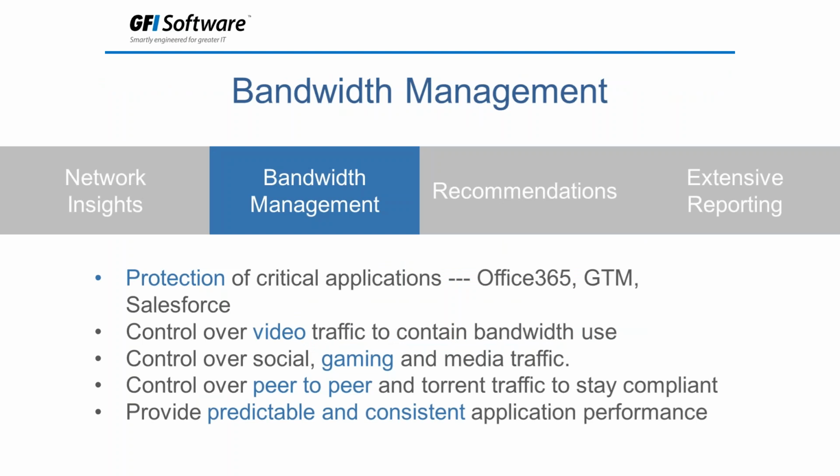So how this really all translates is proper bandwidth management, proper QoS. And in the previous example, just to review, what we achieved by having that small set of rules was protecting the critical applications. We protected Office 365, GoToMeeting, and Salesforce by ensuring that it was given the bandwidth that it needed at all times.